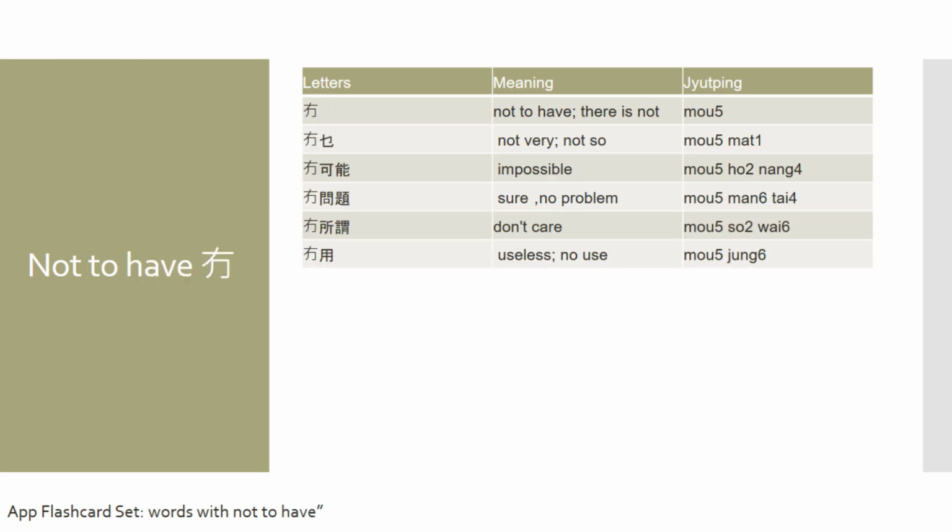So the second Chinese character that I want to talk about is not to have. And in Cantonese, it is pronounced mo. So in this case, not very or not so in Cantonese is mo mat.